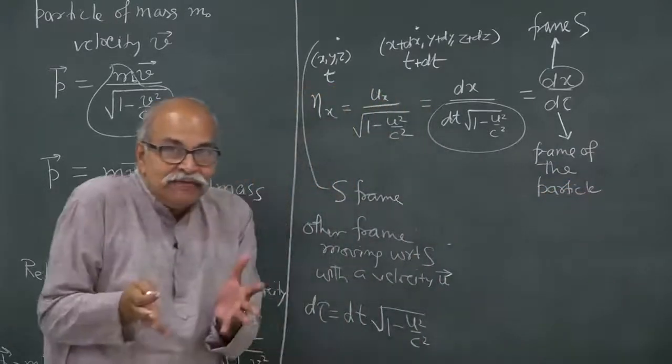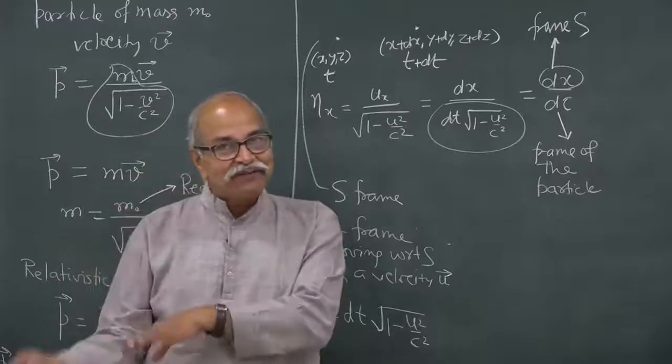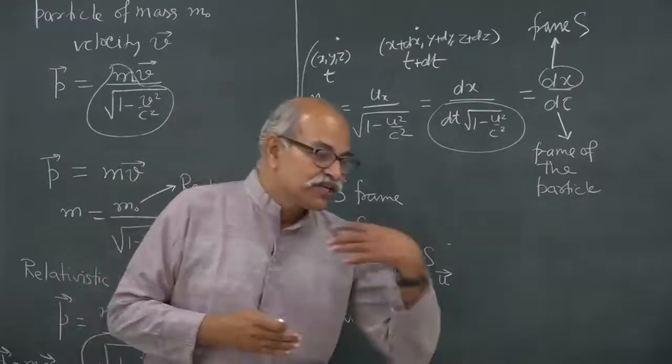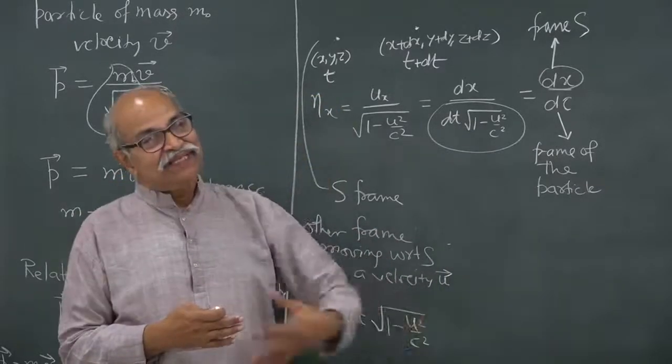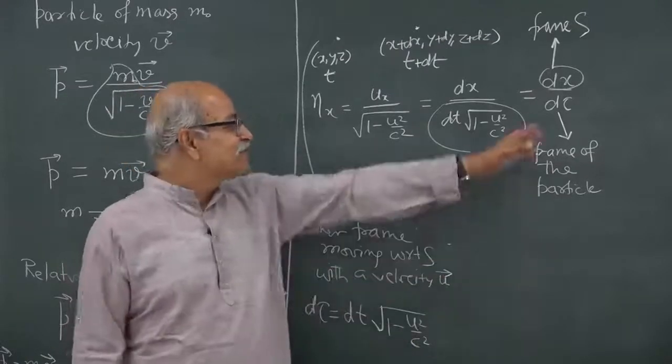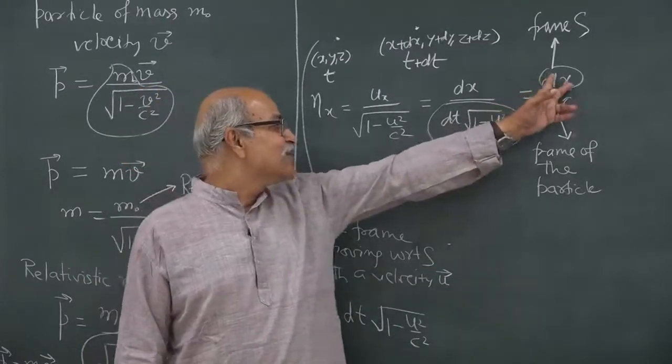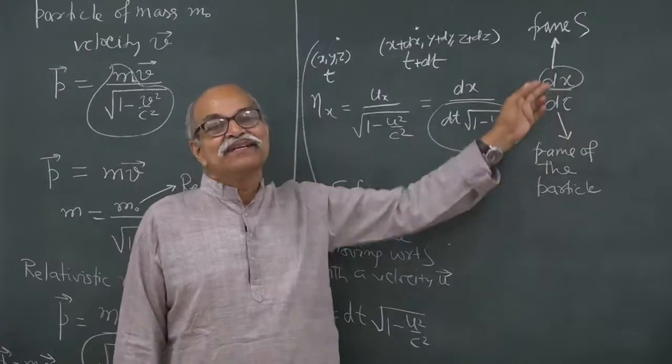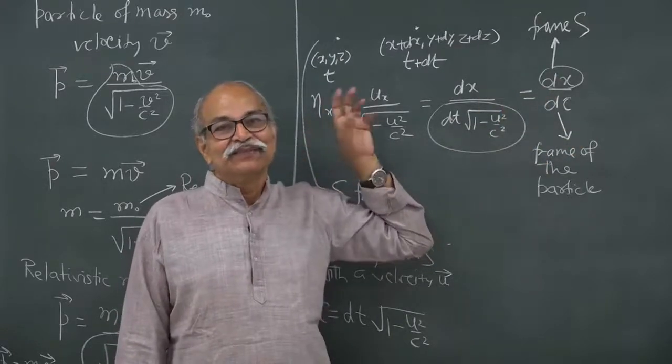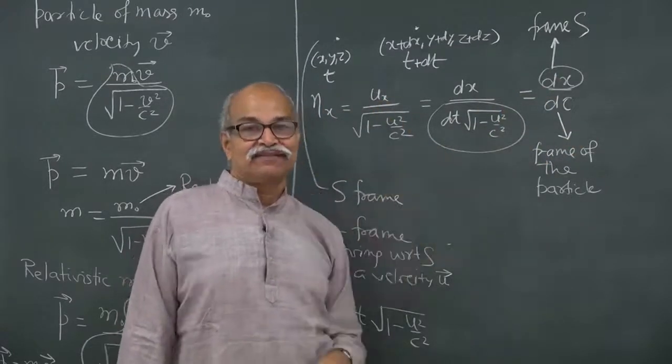So, time interval we are measuring in a different frame, the separation in space in some other frame, and then we divide this length by this time to get some kind of velocity. So, this is also a mathematical construct.